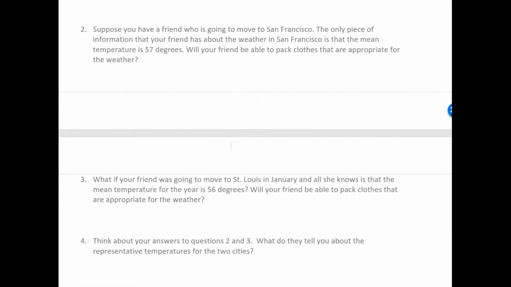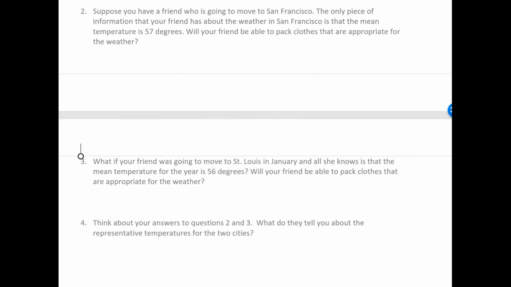Okay. Now we'll consider a couple of questions that put this data into context to really help us think about what these numbers mean, right? So on number two, suppose you have a friend who's going to move to San Francisco. The only piece of information that your friend has about the weather in San Francisco, because apparently they don't have access to the internet, is that the mean temperature is 57 degrees.